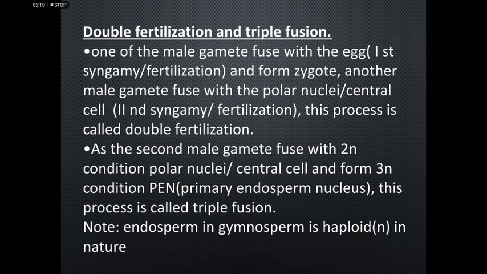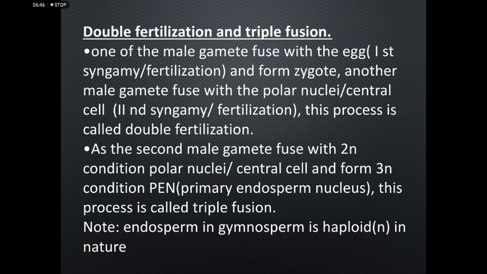The male gamete, n condition, fuses with this polar nucleus, 2n condition, so a 3n condition is produced. That process is called triple fusion. That means double fertilization and triple fusion are unique phenomena present only in angiosperms, that means flowering plants.